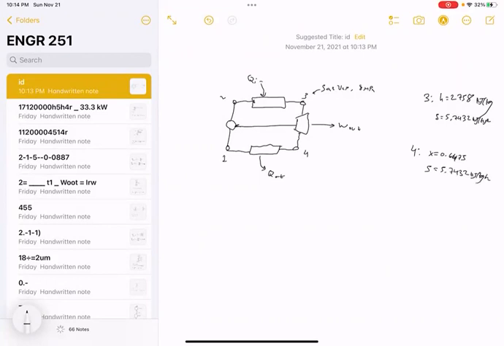And that's because the process from 3 to 4 is, I'll try to write this as clearly as I can, isentropic. So S3 is S4.